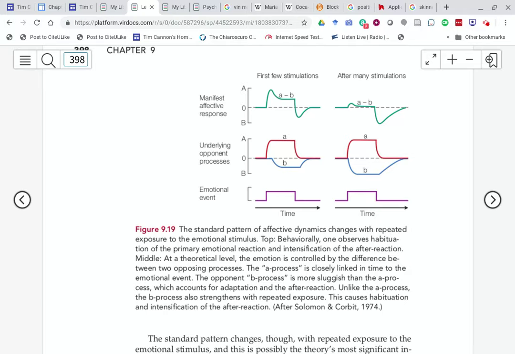But notice that the A function is not smaller. The A function doesn't change, the B function gets bigger. And it antagonizes, it blocks. It's a form of tolerance. And the drug doesn't do that much for you. And then when you are away from the drug, you may have fairly profound withdrawal symptoms.